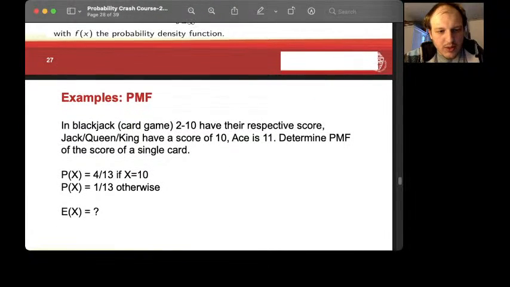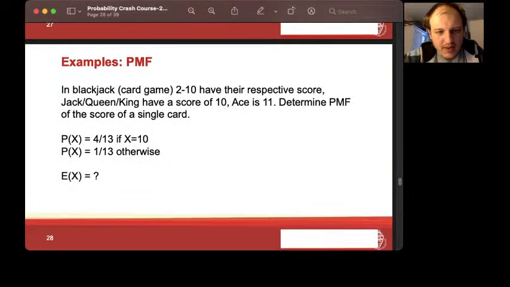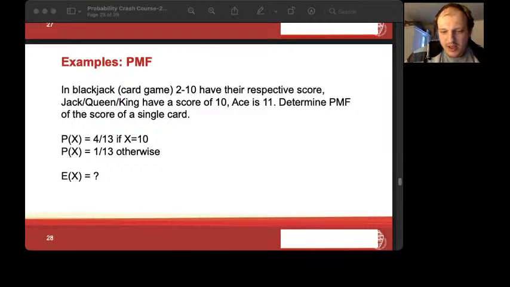Yeah, so we can take one example with a probability mass function that we already computed, and now we can compute the expected value of x for this distribution that we have.